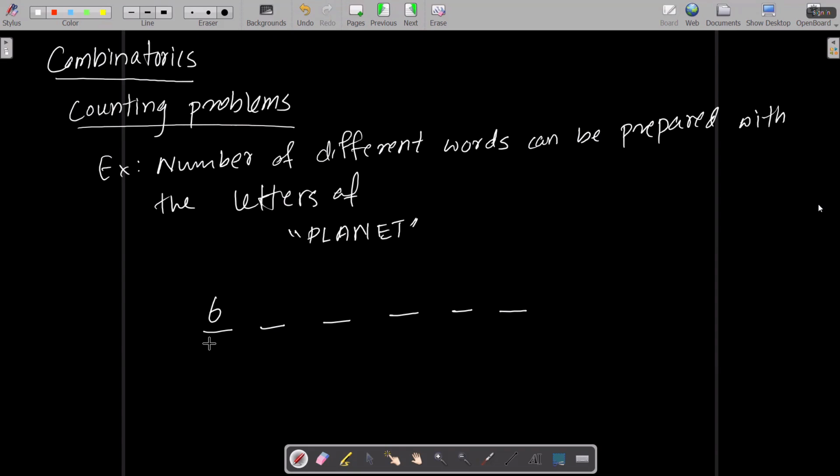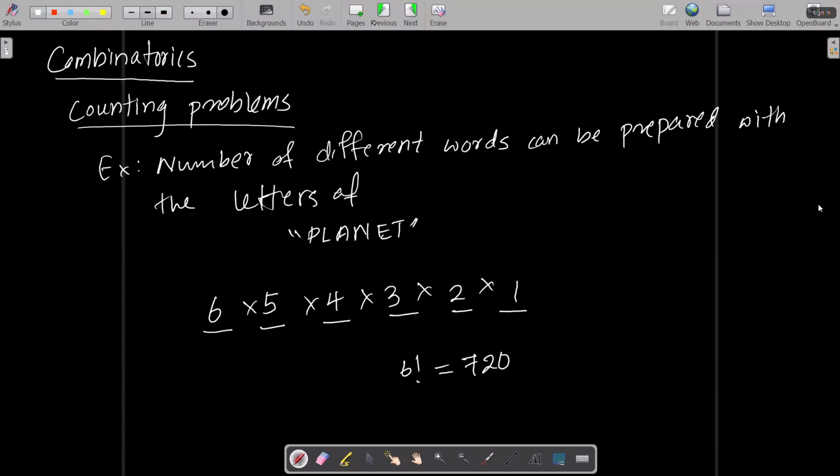Now we have put one letter in this position, and there are 5 possibilities because we can't use the same letter again. Therefore, we have only 5 letters for the next position, and we have 4 here, 3, 2, 1. We multiply these numbers and get the factorial of 6, which is 720. So this is a traditional counting problem. It can be solved by taking the factorial. It is a pretty easy one.